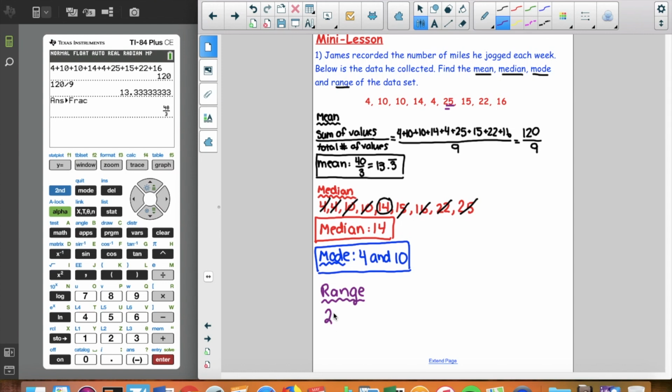So we take 25, and from it we subtract our smallest number, which is 4. So we have to do 25 minus 4, which is 21. So that tells us that our range is 21.